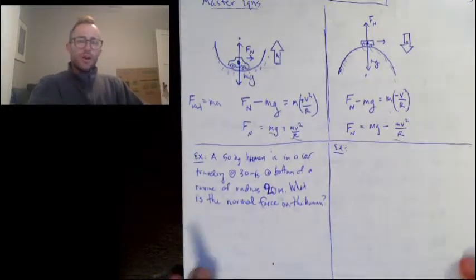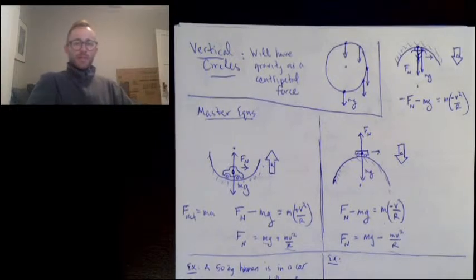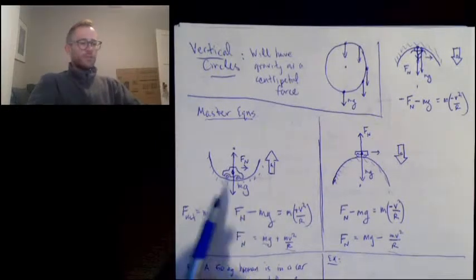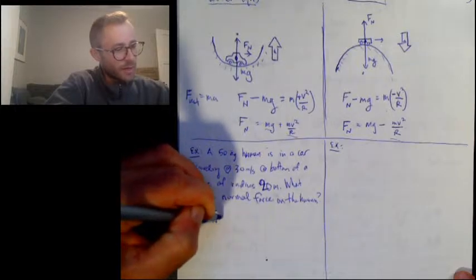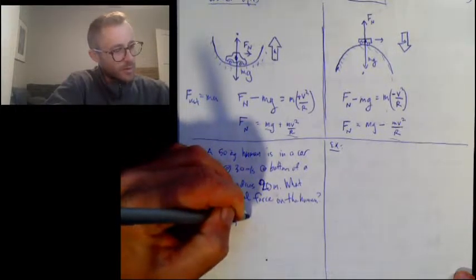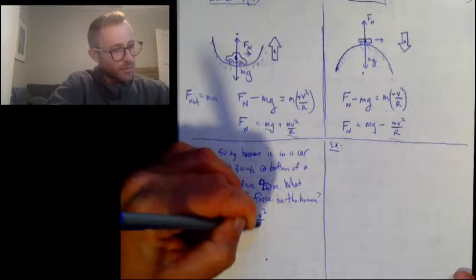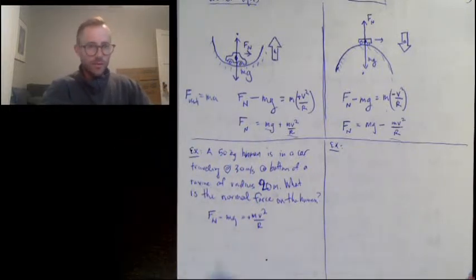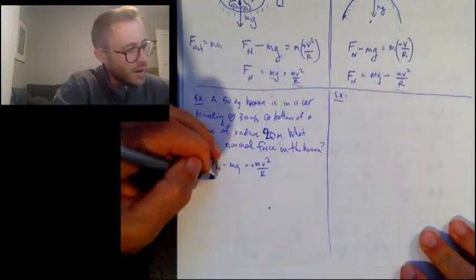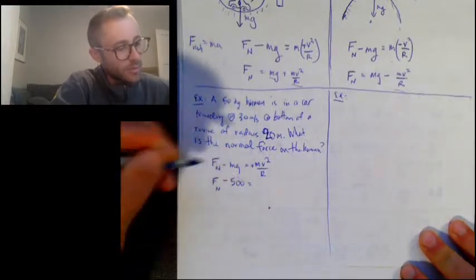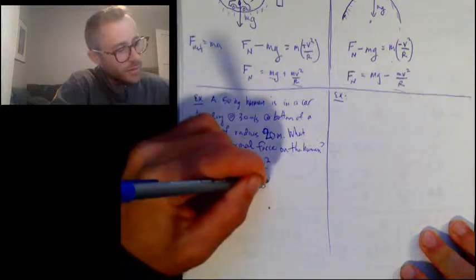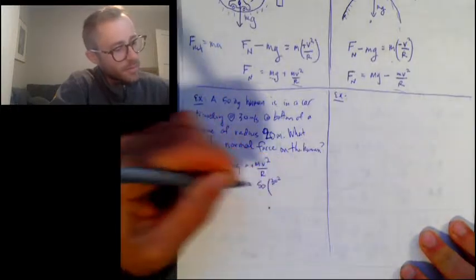Okay, so I gave you three scenarios, and it's a car at the bottom of a ravine, so it's this scenario. I can see that my master equation is going to be normal force minus mg equals m times v squared over r. So it's the plus sign on mv squared over r. Plugging in the numbers, I have normal force minus 500 equals 50 times 30 squared over 20.